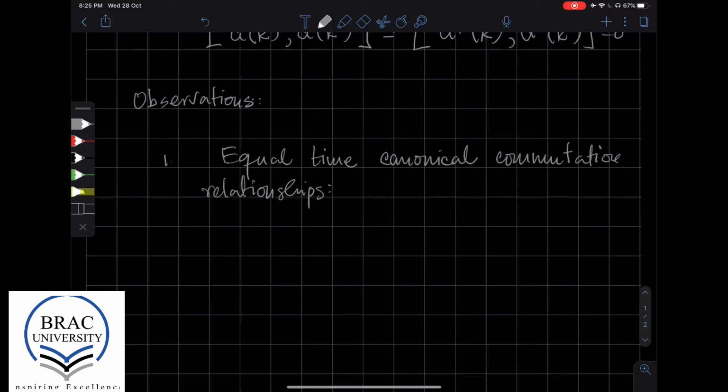And those were given by the field variable phi at some time t and its canonically conjugate momentum pi at some other, in general, spatial point x prime, but at the same time.